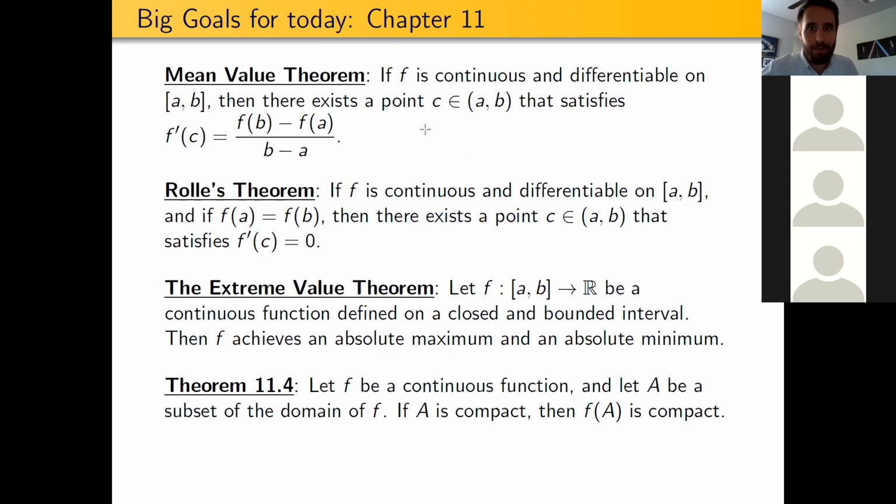The picture that we want to have in the back of our heads related to the mean value theorem is this one. We take some axes, and take two points, call them a and b, with a corresponding height f of a and a corresponding height f of b.